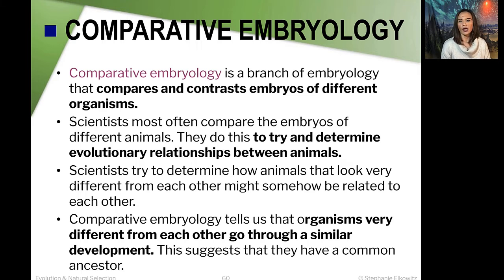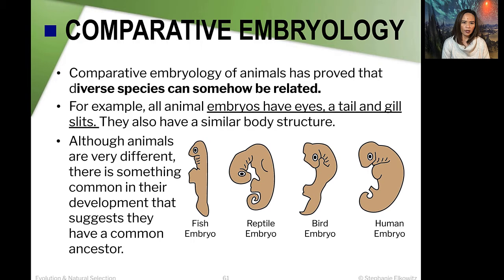And comparative anatomy tells us that organisms that have very different features from each other go through a similar development phase, like the embryo stage, and suggests that they have a common ancestor. This just proves how diverse species are, but at the same time, pretty much related.